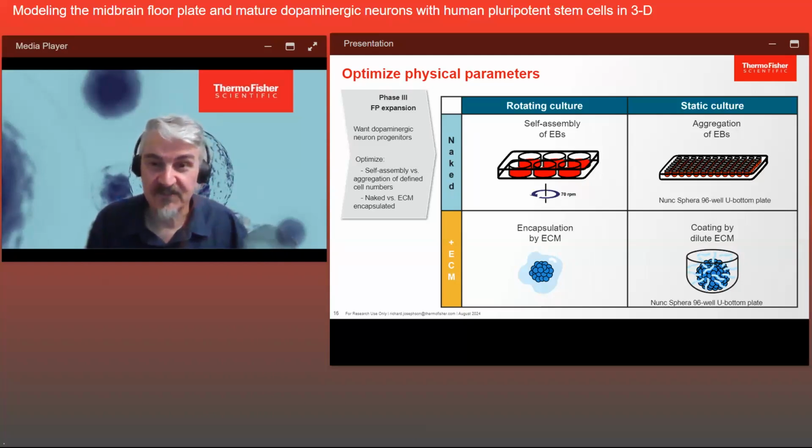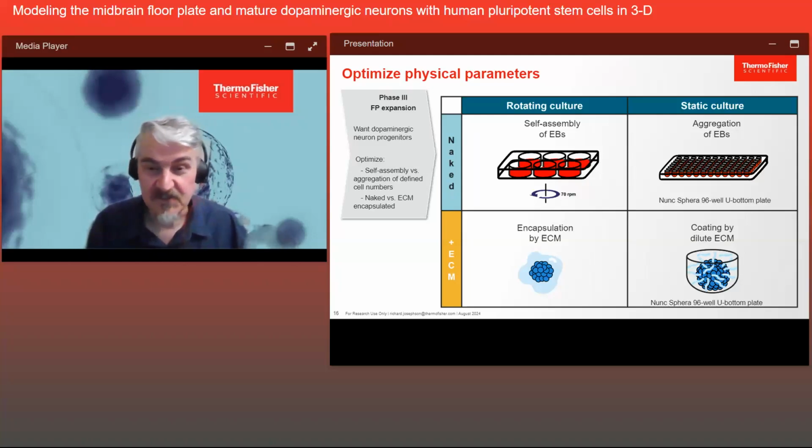And what we did is, for the self-assembled spheroids, we encapsulated in Geltrex extracellular matrix at day 2 during the process of floor plate specification. Or because that encapsulation protocol has very low throughput, with the 96 well plates, we added a dilute solution of 2% Geltrex to the microwell plates at day 2. That's 2% in the floor plate specification medium.